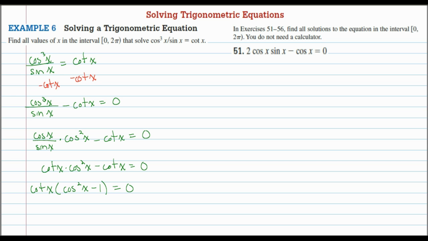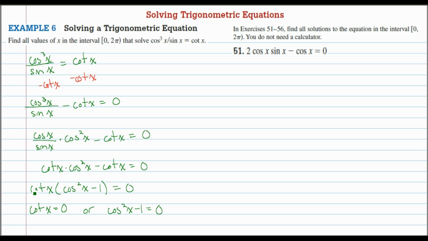So either the cotangent of x has to equal 0, or the cosine squared of x minus 1 equals 0. One of those two terms in the factorization has to equal 0 for the whole thing to equal 0, the zero factor property.